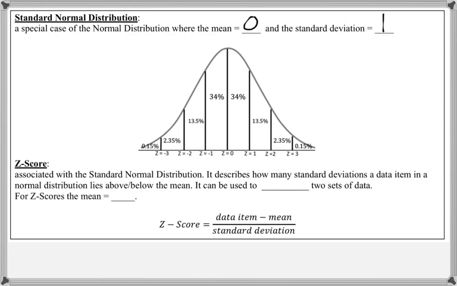We also have something called a z-score, and this is associated with the standard normal distribution. It describes how many standard deviations a data item in a normal distribution lies above or below the mean, and it can be used to compare two sets of data.